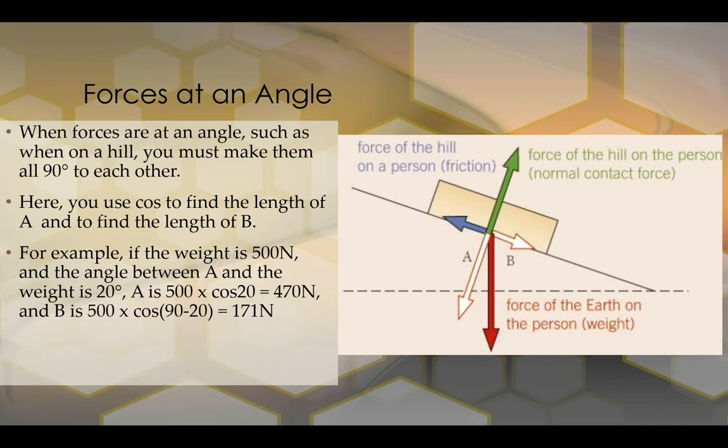So in this diagram, you use cos to find out the length of A and find out the length of B. So if the weight, which is the downwards force, is 500 newtons, and the angle between A and the weight is 20, A equals 500 times cos 20, and that's just basic trigonometry, which is 470. And then B is 500 times cos 70, because they make up 90.